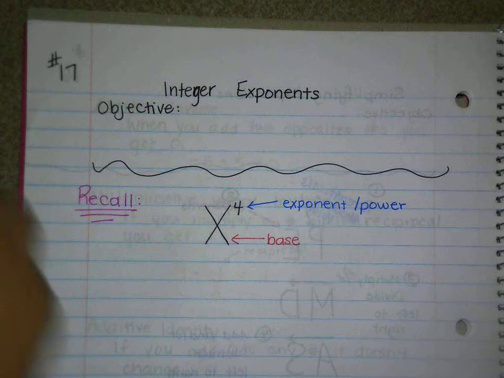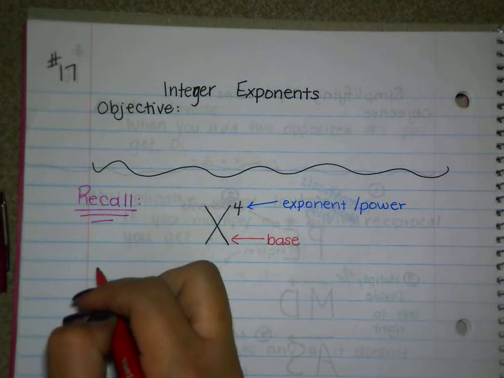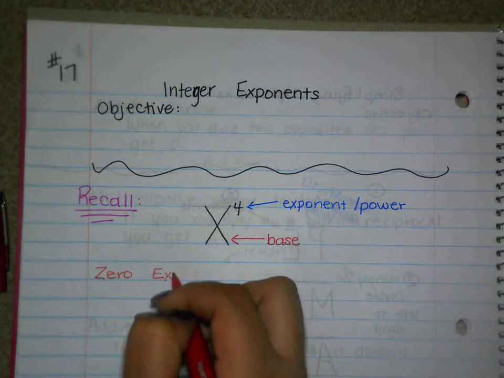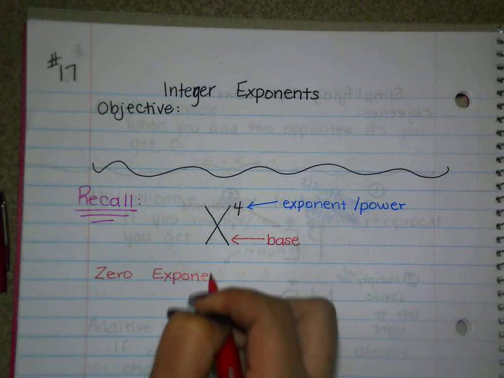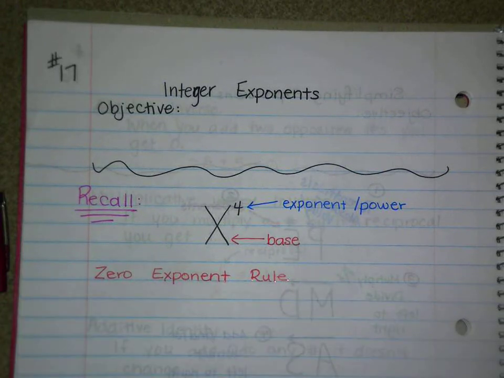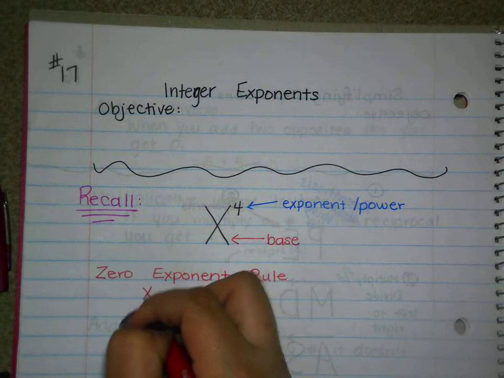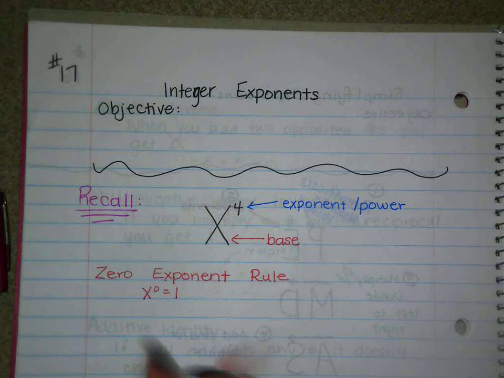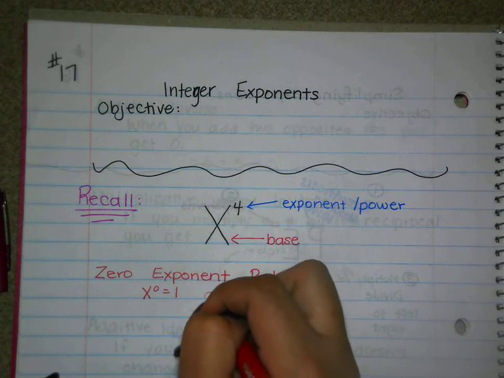Okay, you also should have recalled this fact. You should have also recalled the zero exponent rule. Remember that x to the 0 is equal to 1, right? We should remember that anything raised to the 0 power is 1.